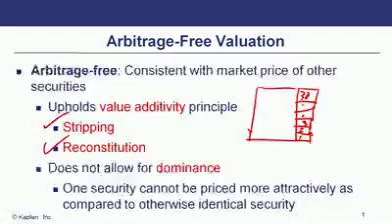On the other hand, we could go into the market and buy all 30 of those coupons and reconstitute the bond, okay? And we would find again that the reconstituted bond, the bond that we never messed with, and the value of all the strips out there would be the same. So this doesn't allow for dominance, okay? One security can't be priced more attractively as compared to an otherwise identical security. That's arbitrage-free valuation, all right?